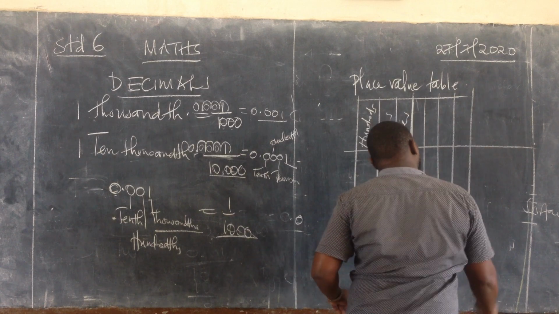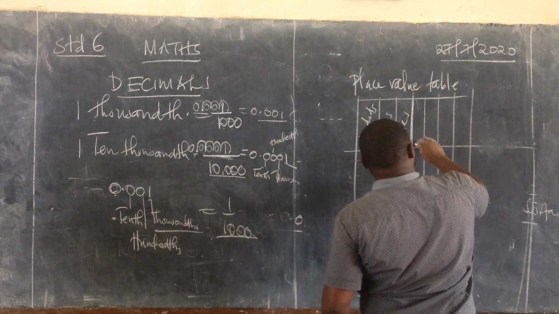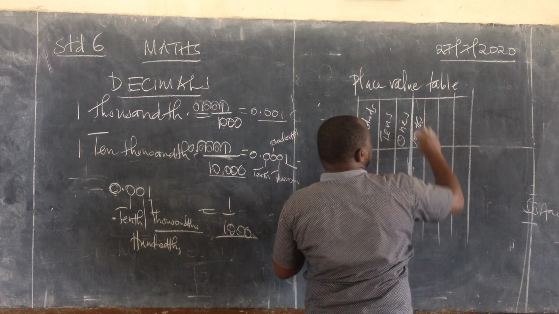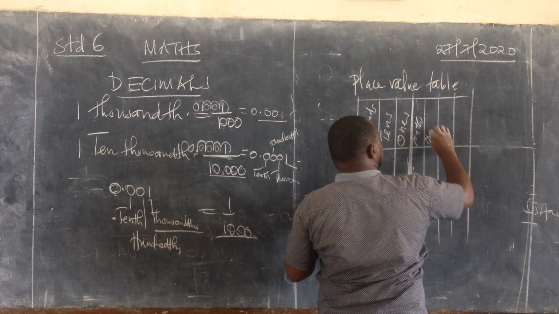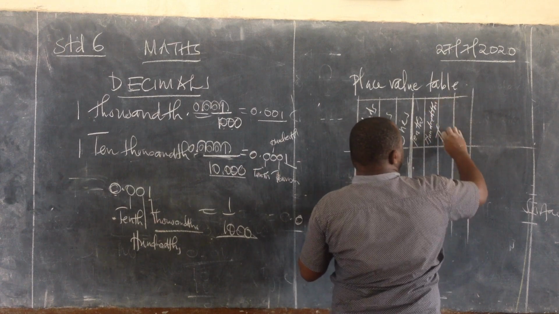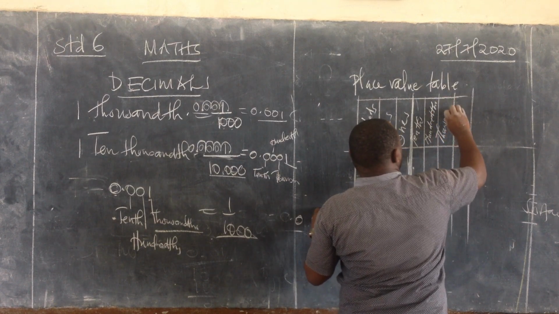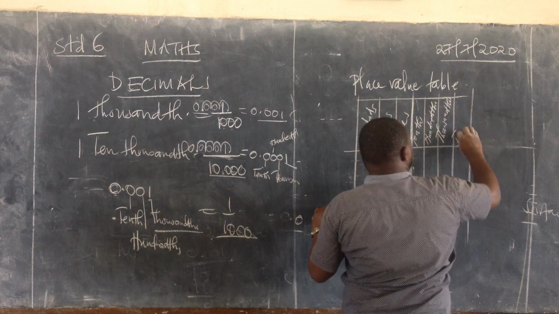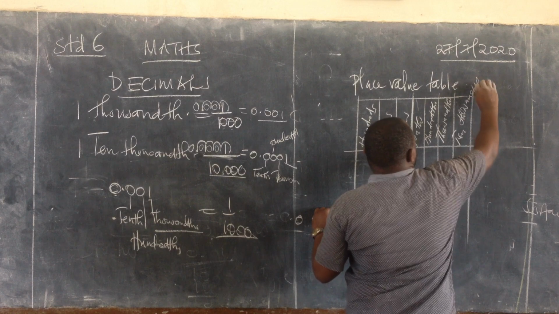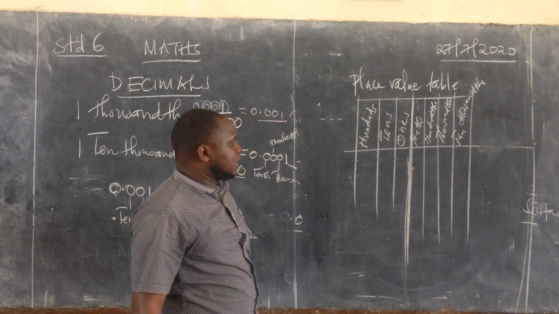Immediately after the decimal point, we have tenths, then hundredths, then thousandths, and lastly ten-thousandths.